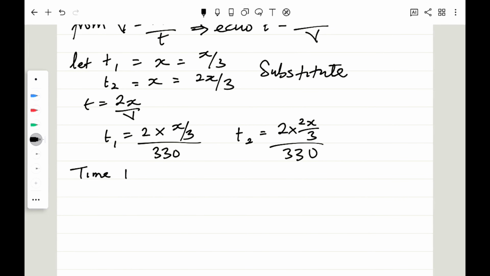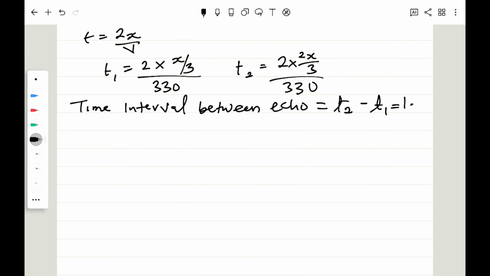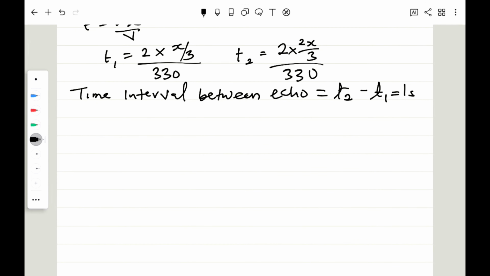So the time interval between the echoes will become T2 minus T1. Are you here? Look at it. T2 minus T1 is equal to 1 second. I hope it is clear.